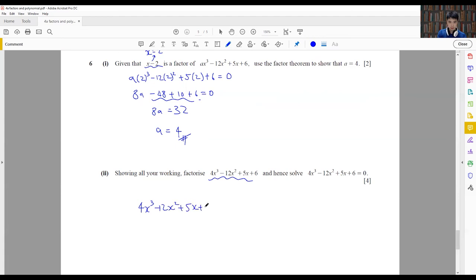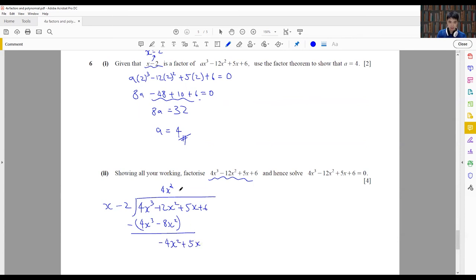Divide this with x minus 2, get 4x cubed, you have to use 4x squared times with this, you will get 4x cubed minus 8x squared. Then remember it's minus minus, so negative 12 minus 8x squared, you would end up getting minus 4x squared plus 5x.